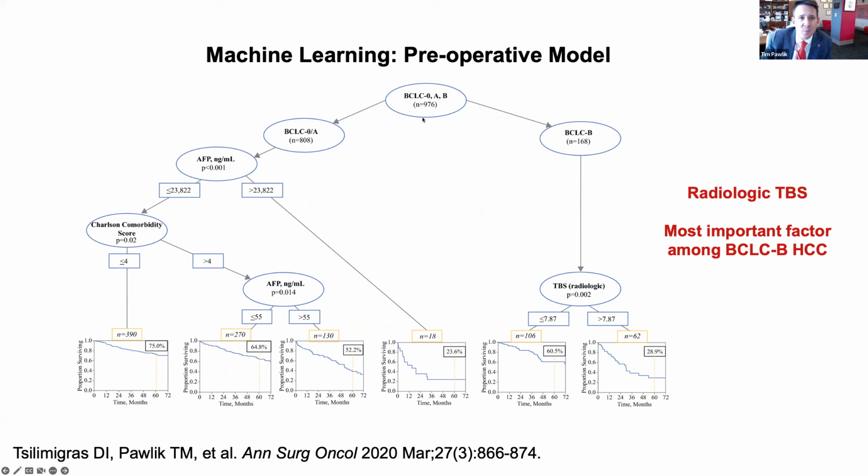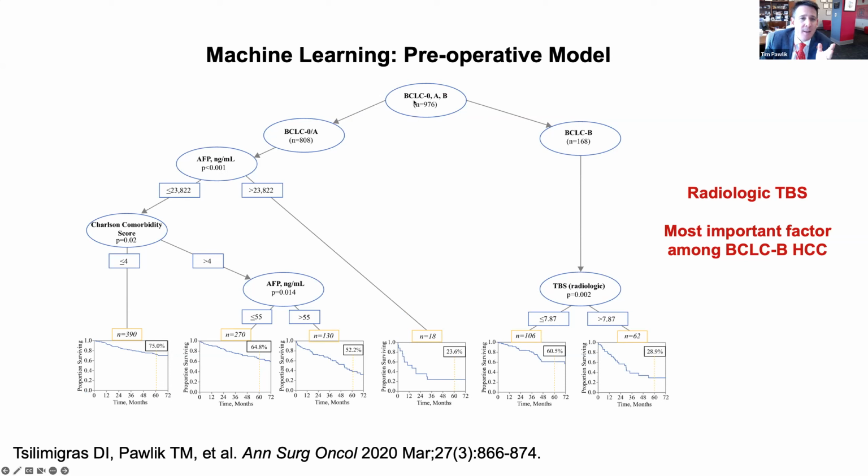In this CART, this regression tree, what we find is that in people who present with HCC, the first thing that's important is whether they're BCLC 0 or A versus B. But among patients who are BCLC 0 or A, the next thing that's prognostically important is the AFP level. And then amongst patients who have a low AFP level, what's most important is their baseline performance status.